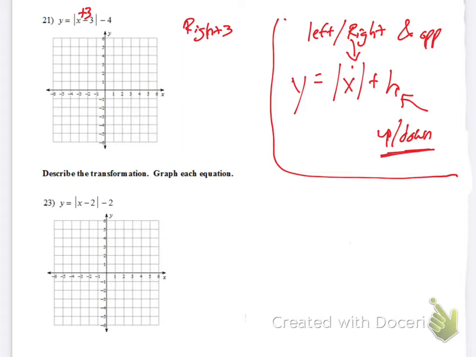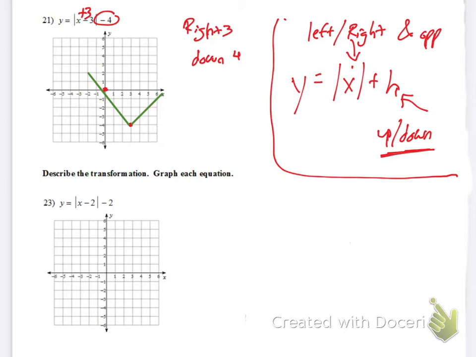And then from there, on the outside is negative 4, so that means up or down. So down 4. I start from my origin, which is 0, 0. I'm going to go to the right 3 and then down 4. So my new line is going to be right here, and that's just going to be a big old V for 21.